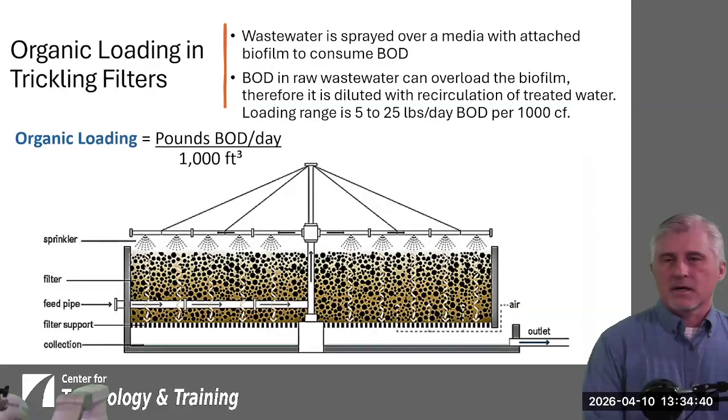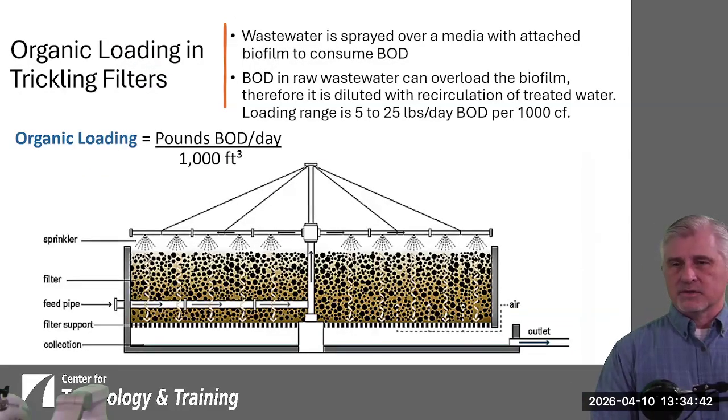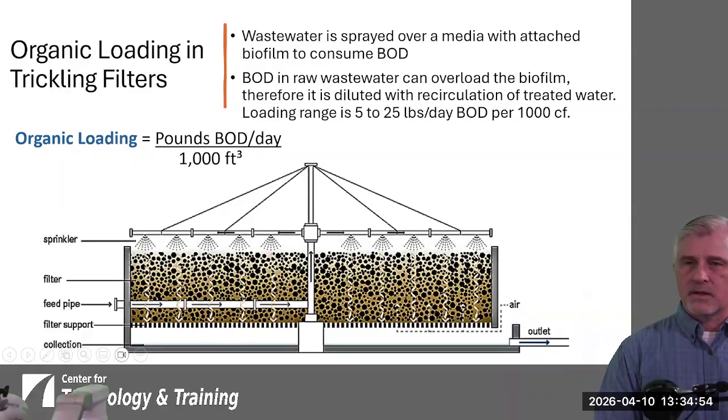Yesterday, I told you we were talking briefly about trickling filters, and we have this neat photo. A trickling filter is kind of what it says it is. The effluent comes in and sprays over this media.